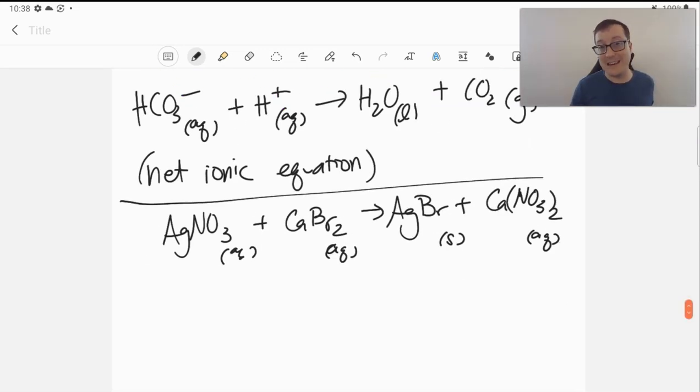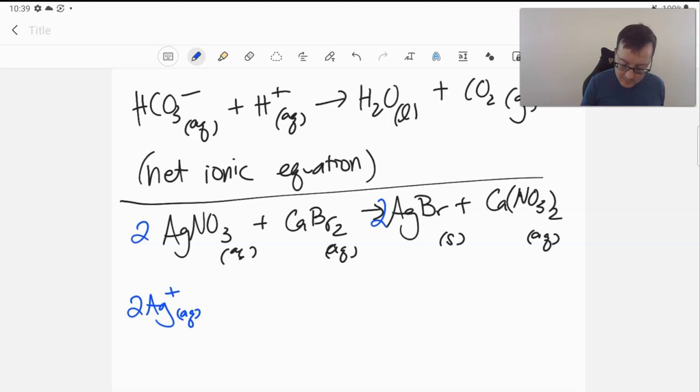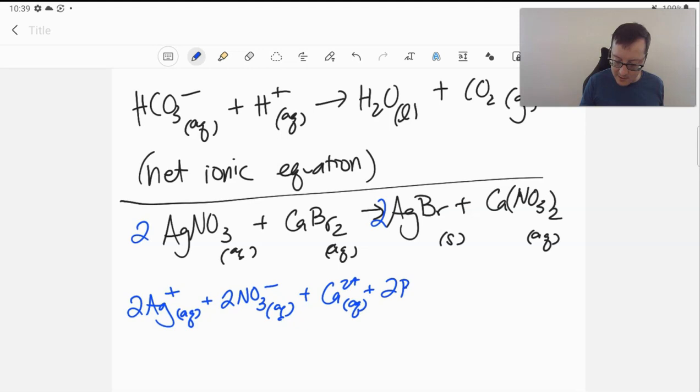If we want to do the complete ionic equation, we break apart everything that's aqueous into the ions that make it up. Technically speaking, we should balance this, so you should get the following when you balance it. So we have 2 silver ions plus 2 nitrate ions plus a calcium ion plus 2 bromide ions.